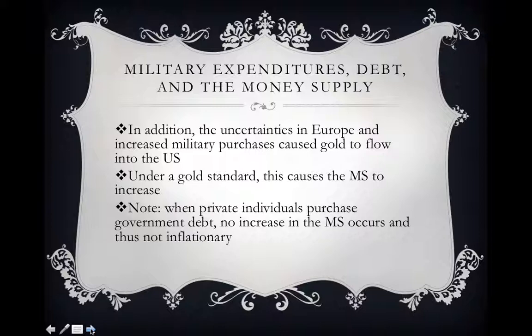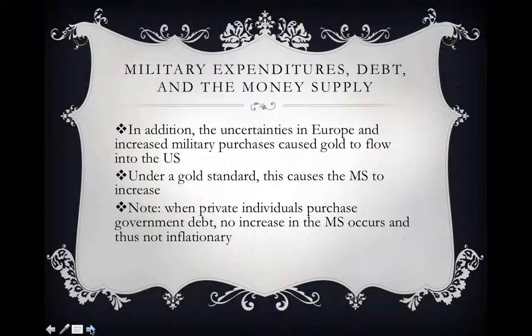So the more borrowing you can do from private individuals, the lower the inflationary pressures will be, because people are just transferring present spending for future spending. So what you end up doing is just transferring the potential to spend from individuals to the government without increasing the money supply.